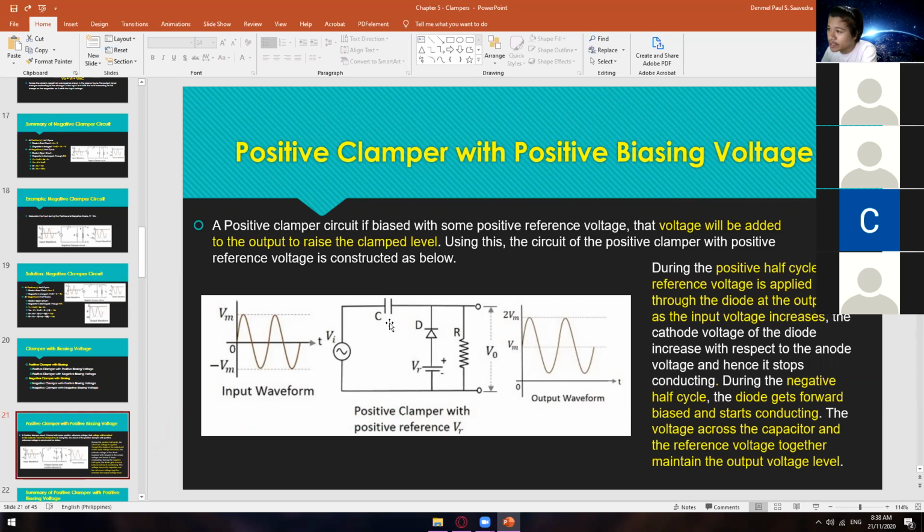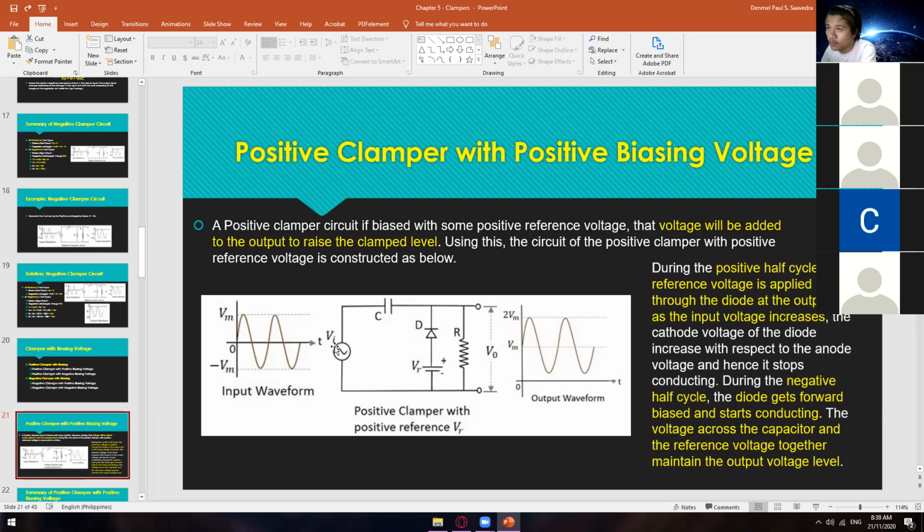Either of those two can charge the capacitor. Our V sub I has the capability to charge it, depending on its voltage, and our bias voltage also has the capability to charge the capacitor if V sub R is higher than V sub I.